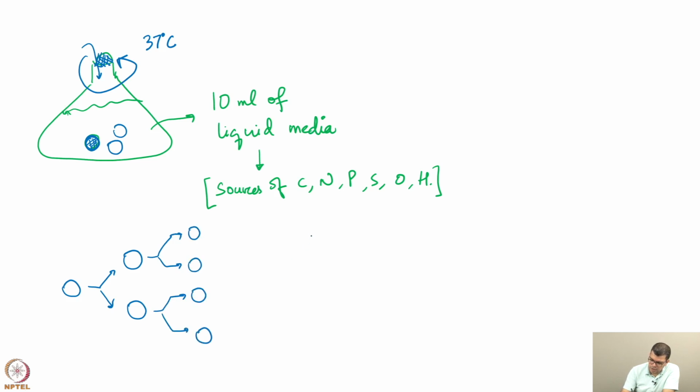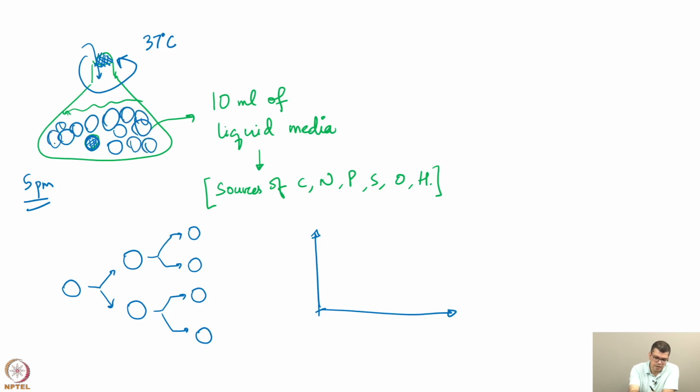And if we plot, and let us say we started this experiment at 5 p.m. and then after seeding the culture with this one bacteria, we went home, and we are going to come tomorrow morning at 9 a.m. Obviously, the culture is going to be just full of these bacterial cells in the flask.